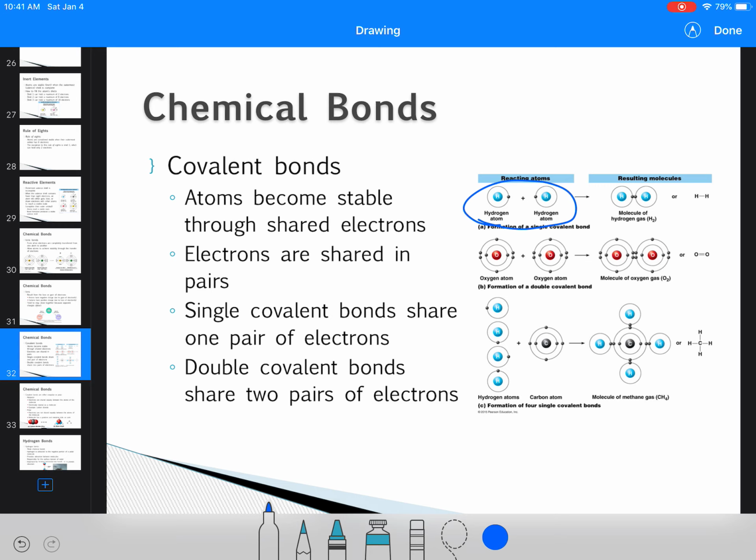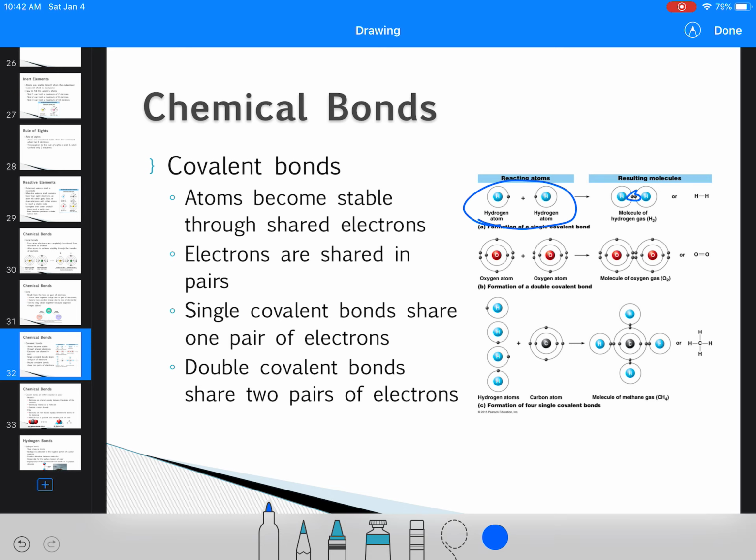Each of those hydrogen atoms only has 1 electron in its valence shell. And how many electrons do we know we need in that first shell to fill it? Just 2, right? So if those hydrogen ions come together and they share those electrons with each other, then they can both have the 2 little electrons that they need in order to fill their valence shell.